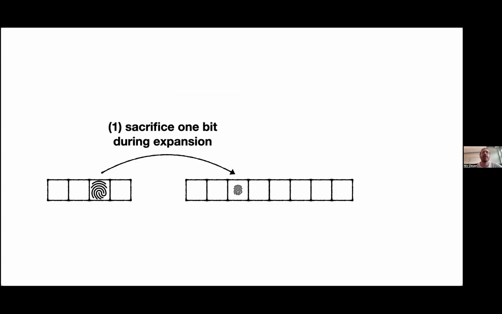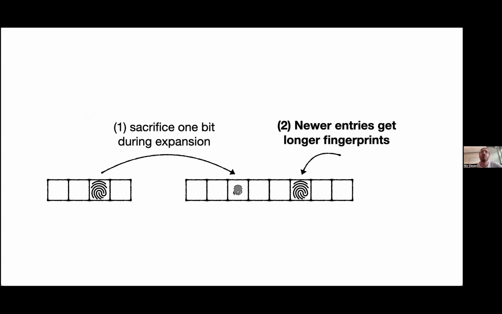During expansion, we're still going to sacrifice one bit from every fingerprint and reassign that to the slot address, to be able to expand. But the fact that these fingerprints are variable sized means that after the expansion, we can set fingerprints that are as large as before, or even larger, to prevent the overall false positive rate from decreasing and decreasing. That's really the core insight.